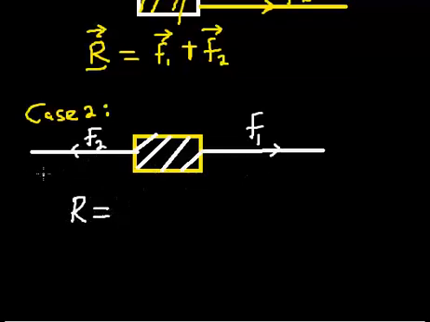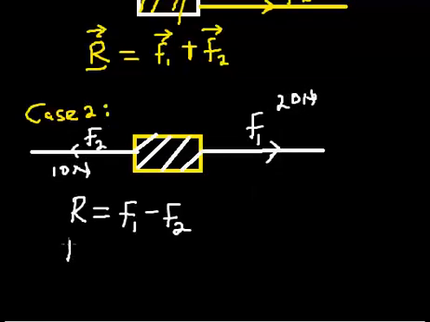F2 is acting in the negative direction, F1 in the positive direction. So if you need to sum it, that's going to be F1, which is positive, minus F2, which is negative.